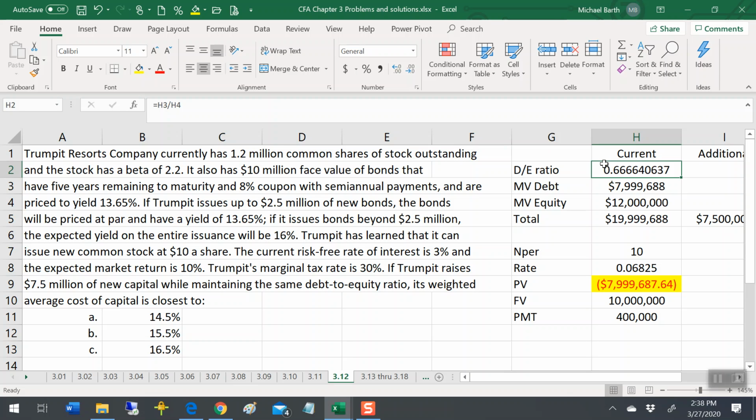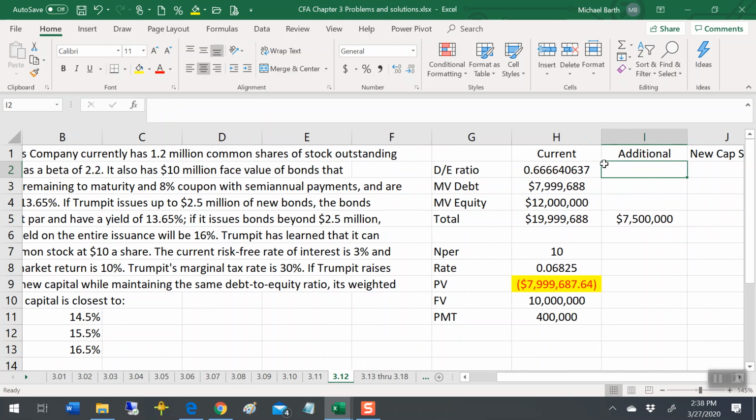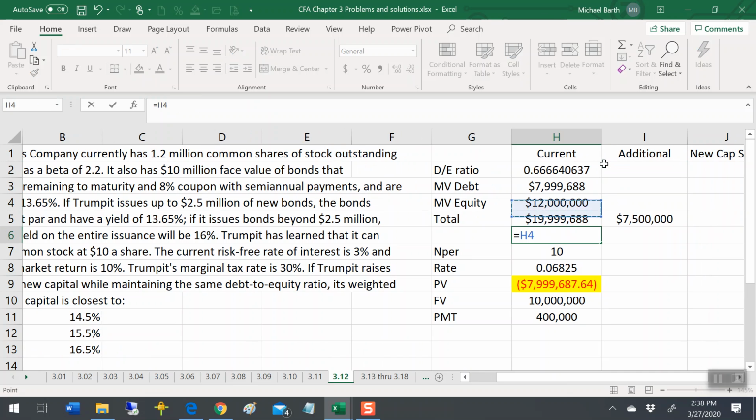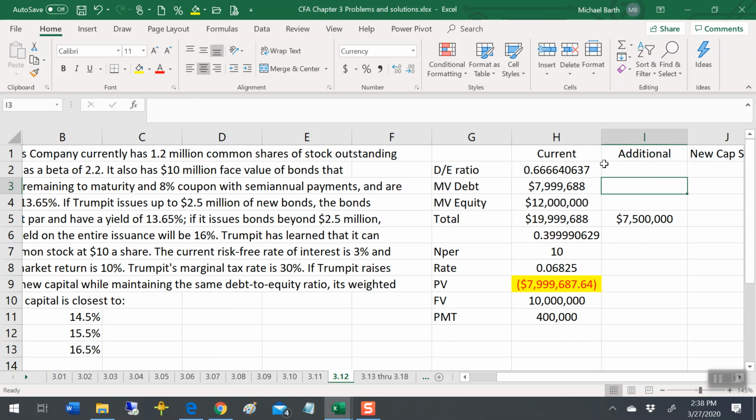To figure out how to split the $7.5 million that they need to raise, well, the debt to equity is one way of doing that. I can also say debt is right at about 40% of the total.